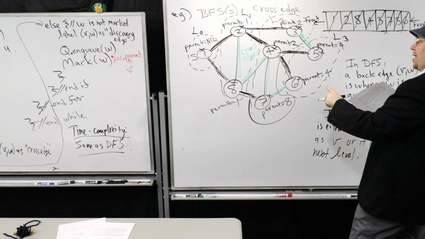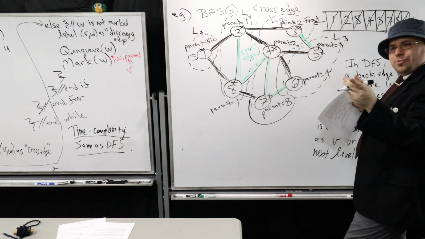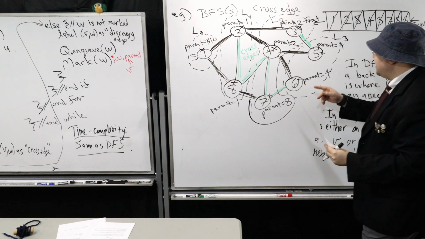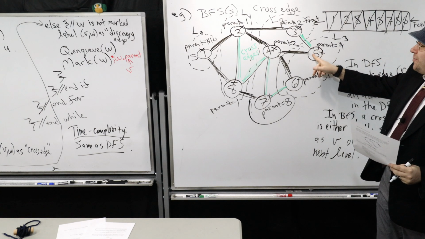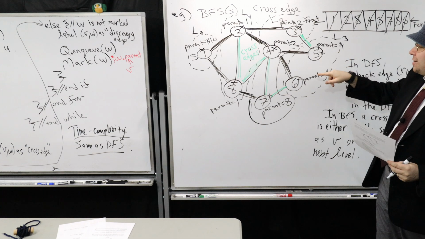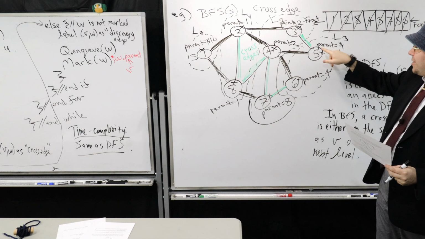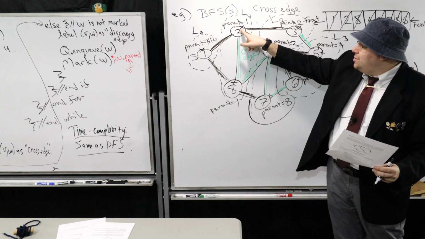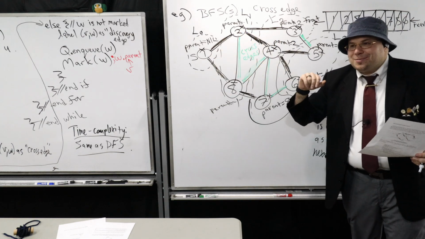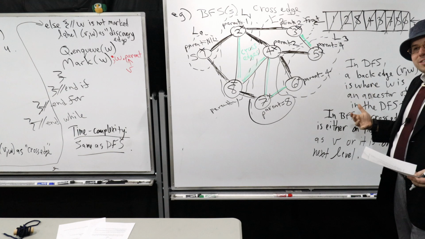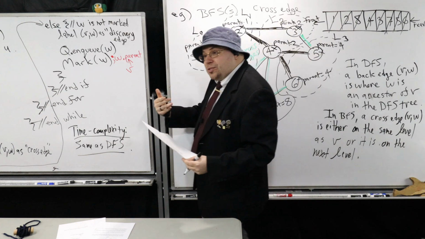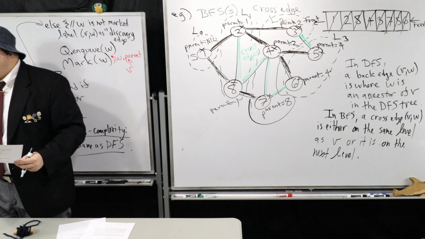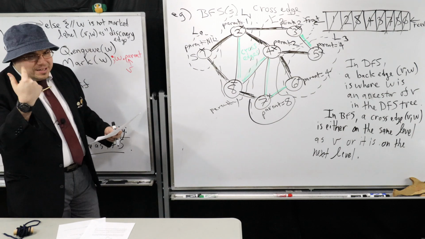By the way, if I ever wanted to compute a path from 5 back to 1 or 1 to 5, I could just follow the parents. I could follow 4 goes to 2, 1, and there's a path right there. Do you see how these parents can be very useful for tracing back through the graph to find a path?